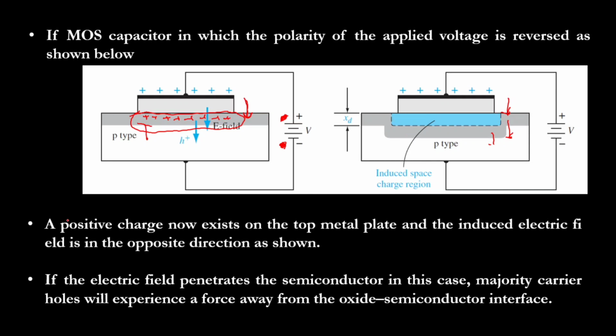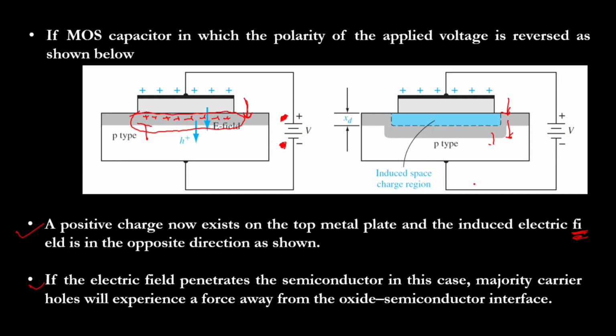The same thing is given here. A positive charge now exists on the top metal plate, and the induced electric field is in the opposite direction, as shown in the figure. If the electric field penetrates the semiconductor, the majority holes will experience a force away from the oxide semiconductor interface.